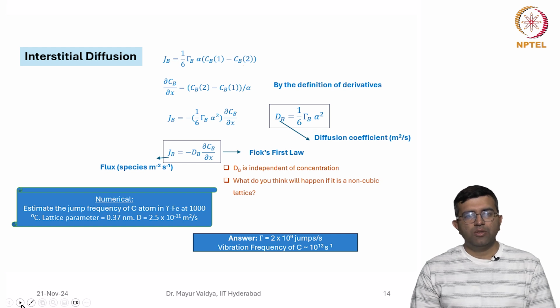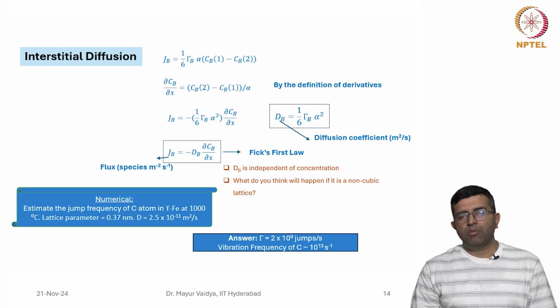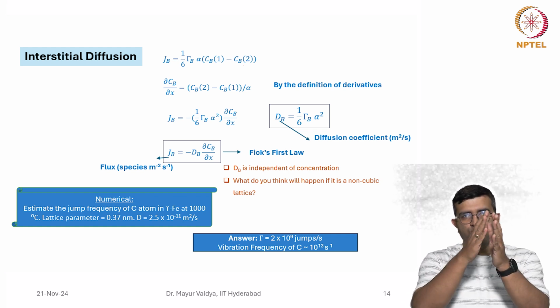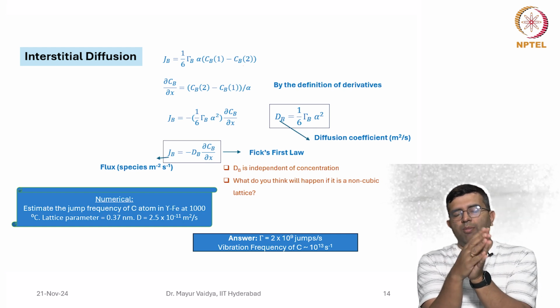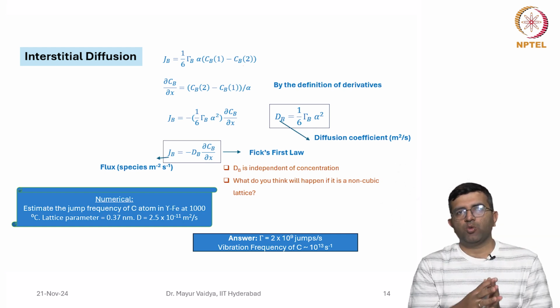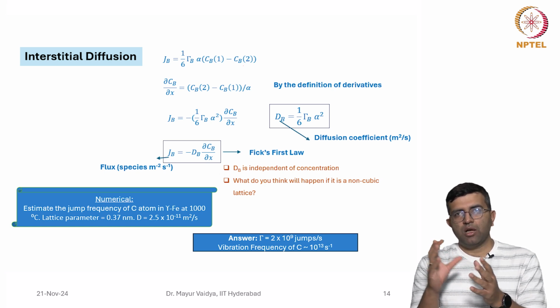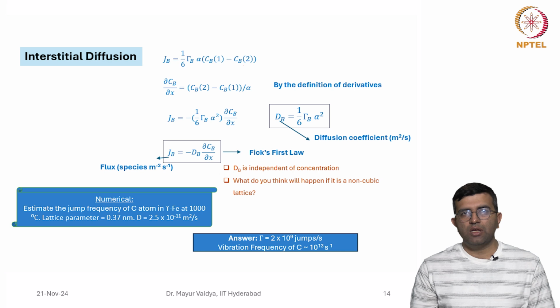So I can write dou CB by dou x, the derivative of CB with respect to x, as nothing but CB2 minus CB1 by alpha. That means the concentration of B at plane 2 minus the concentration of B at plane 1, divided by alpha, gives me dou CB by dou x. This comes from the definition of the derivative itself.